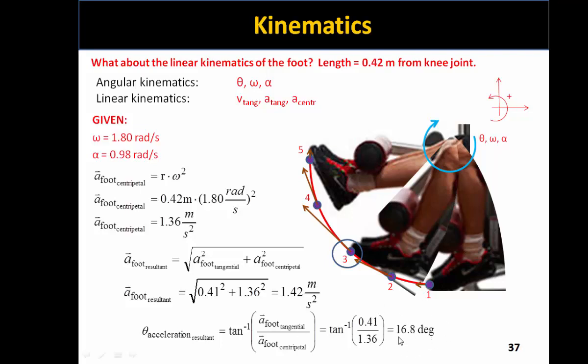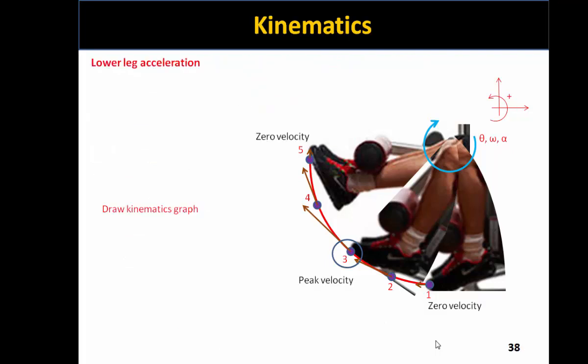If you wish to express it in degree units, perfectly acceptable as well. Oftentimes, degree units are a little bit easier to envision than radian units. But when calculating linear kinematics from angular measures, we must always convert the angular measures into radian units if they're not given in radian units.